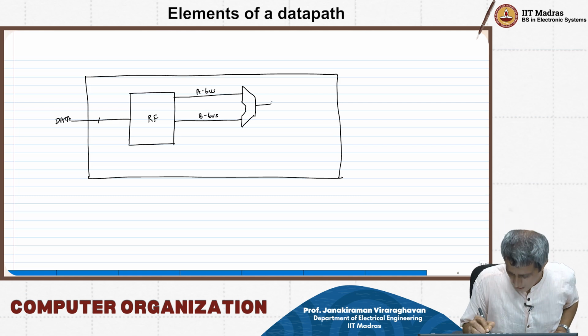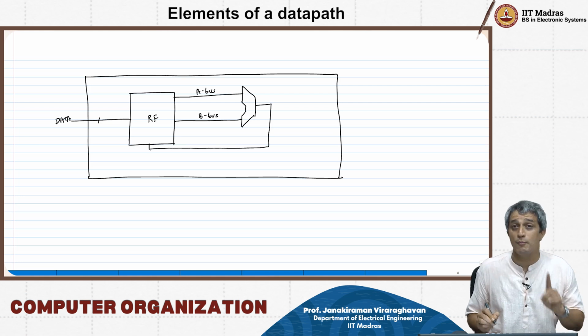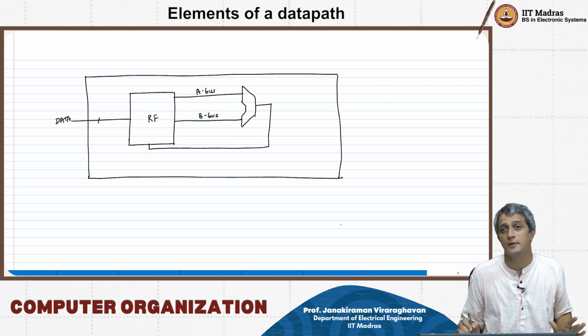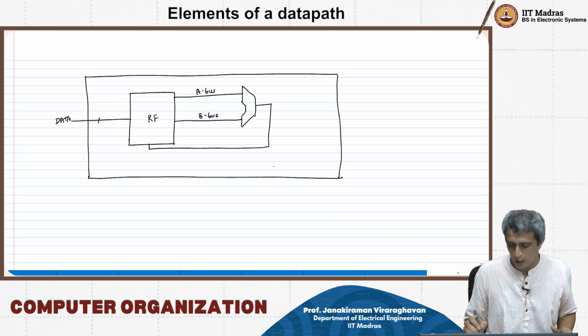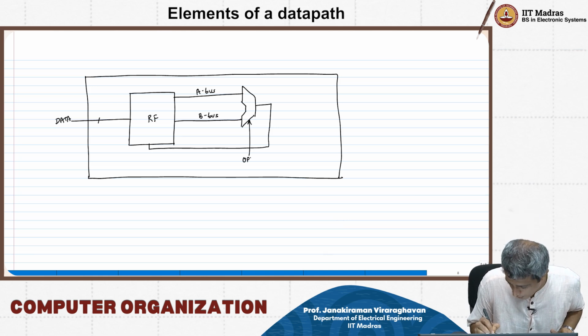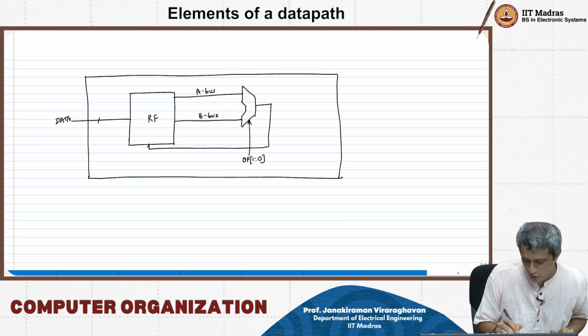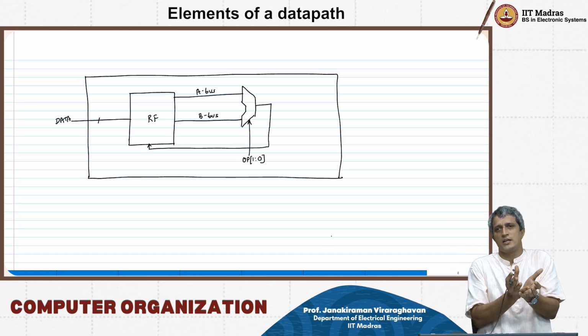Okay, and the answer from this can further go back to the same register file that I had earlier. Okay, now all I need to do, and of course the operands are going to come from here, OP of 1:0.